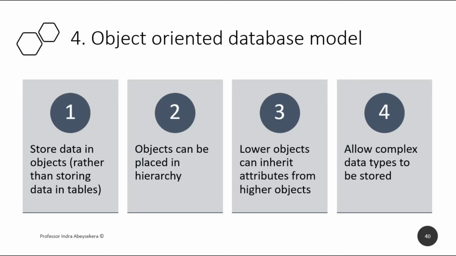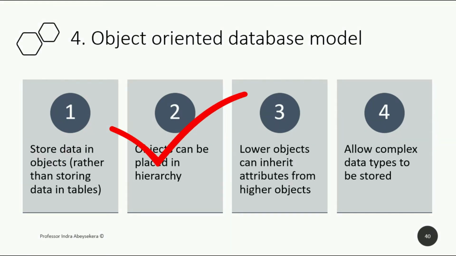The fourth type of database model, which is contemporary but is evolving now, is called the object-oriented database. It can store data in objects rather than in tables, and objects can be placed in a hierarchy if required.